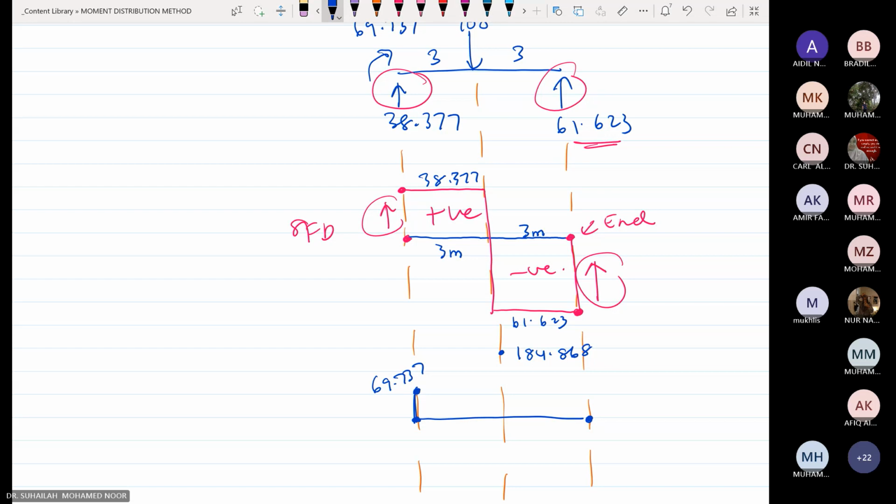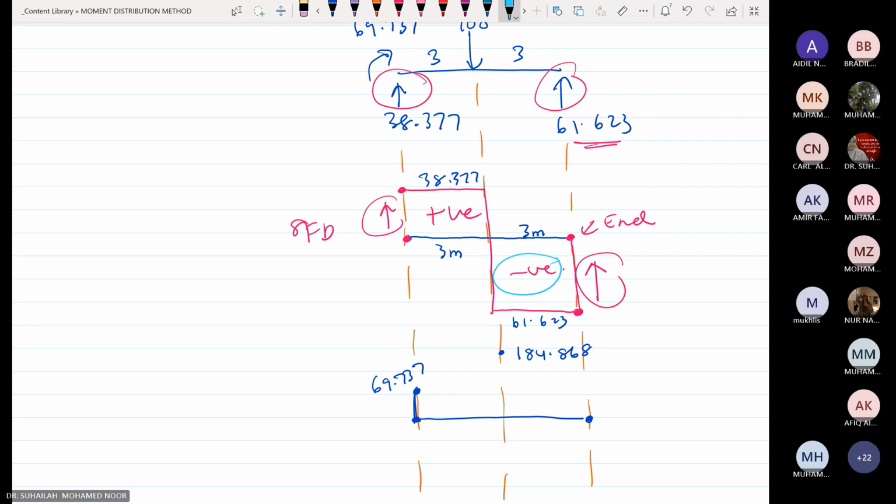Okay, continue. Tak payah kosongkan your calculator, just continue. 184.868 minus, sebab ni minus negatif. Minus 3 times 61.623.